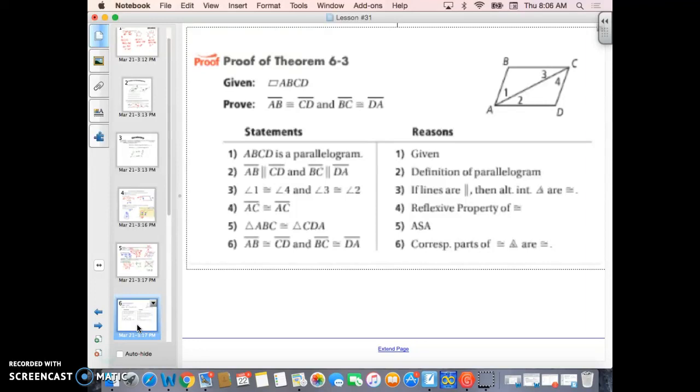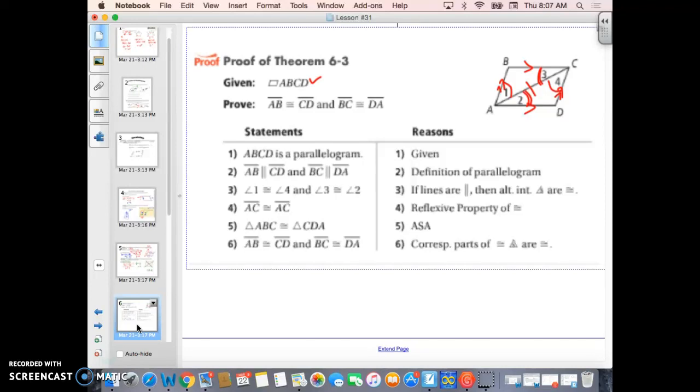Well, one thing is we know it's giving us that it is a parallelogram. So we know that this side is parallel to this side and this side is parallel to this side, which makes this and this alternate interior angles, and this one alternate interior angles, and then everybody remembers the reflexive property in the middle.